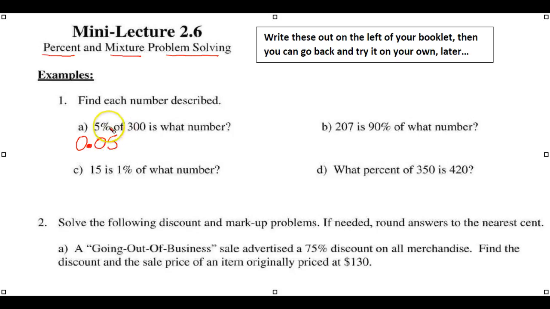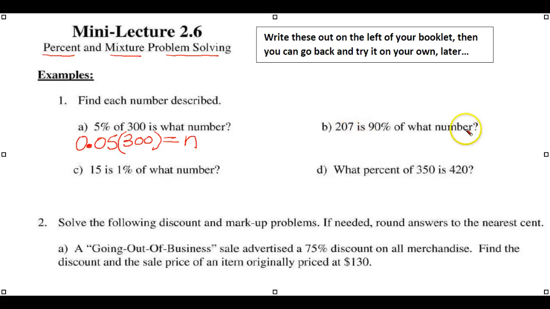Now the word "of" in a sentence like this actually implies multiplication. So 5% of, and we're going to indicate that through a parenthesis, 300 is, we know at this time, an equal sign. What number? The letter N, or you can use X. So we'll get back to how to solve that in a few minutes.